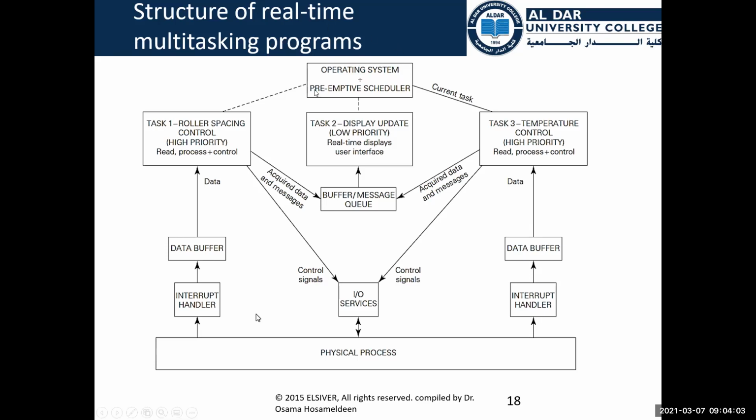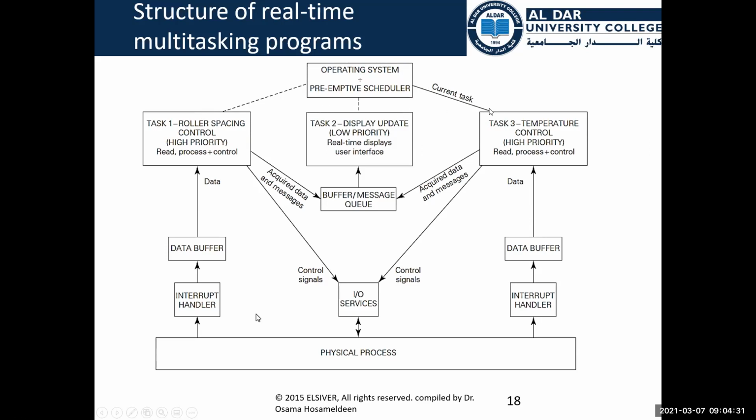We have here at a higher level the operating system and a preemptive scheduler. Preemptive scheduler means that it can be interrupted. So the operating system is handling task one, then moving to task two, then moving to task three.